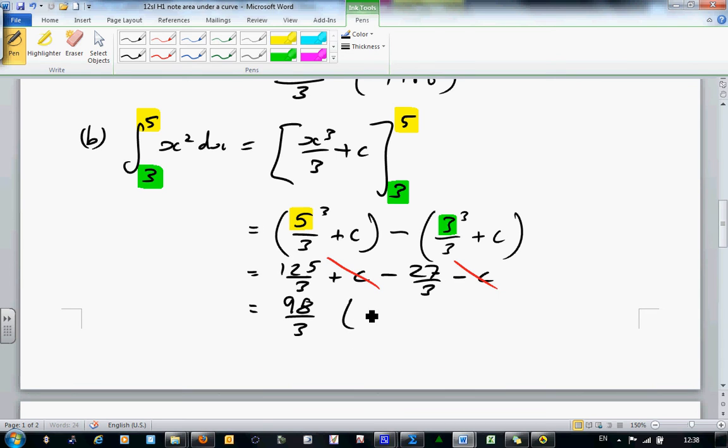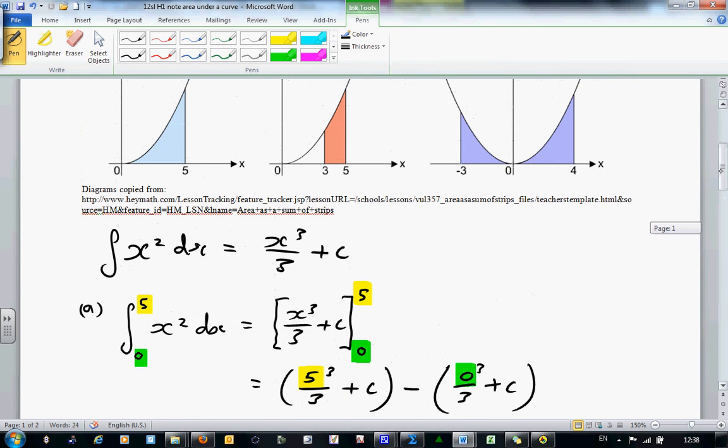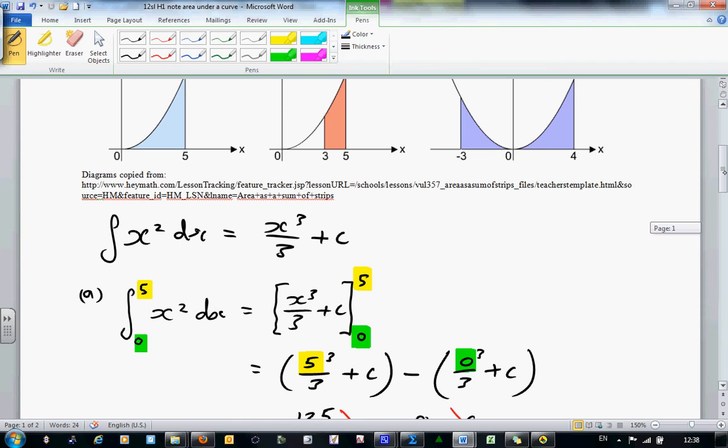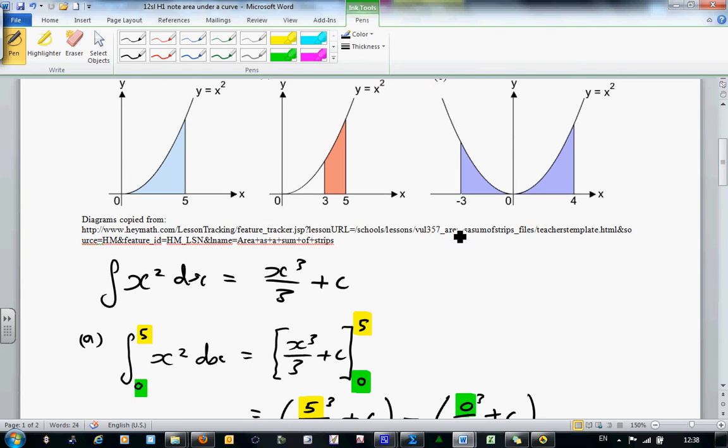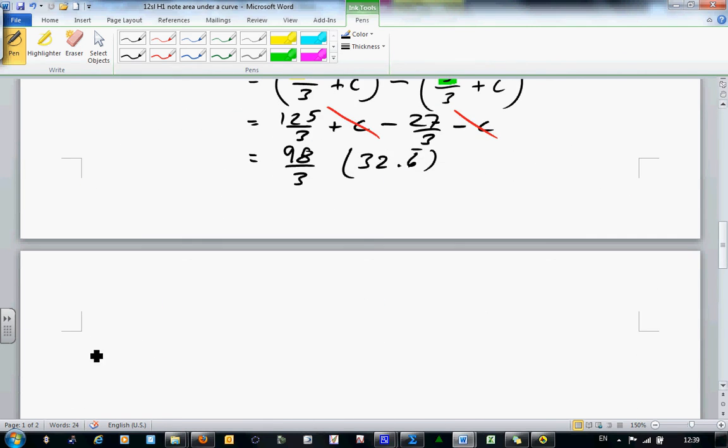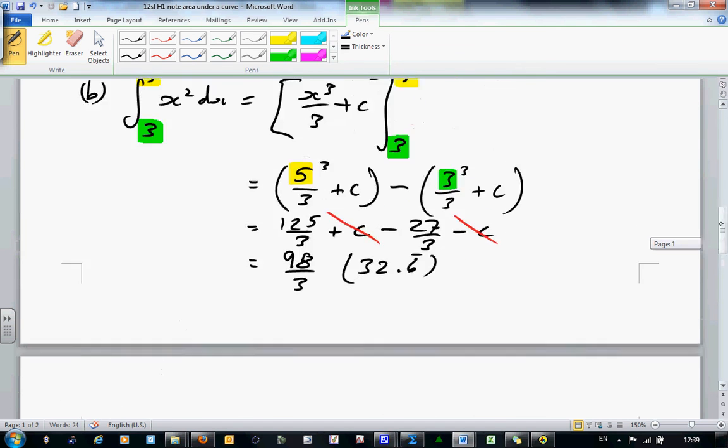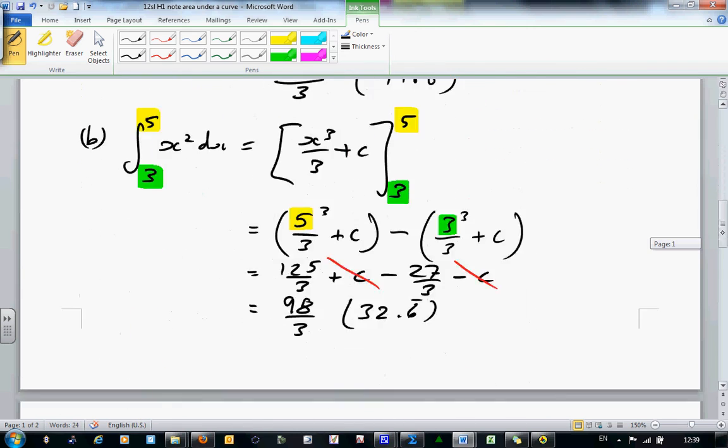The third one looks a bit different, but it is still an area under the curve, except that the boundaries are now, the lower is -3, and the upper is 4. So we simply go integral, lower boundary is -3, upper one is 4, let me just check that, yep, of x squared dx equals x cubed over 3 plus c.